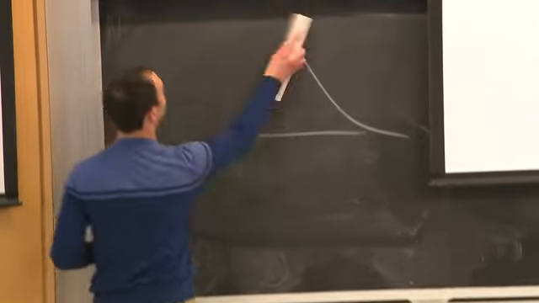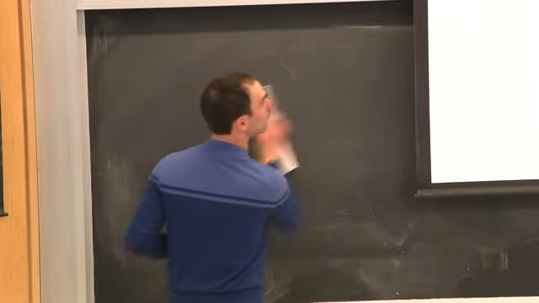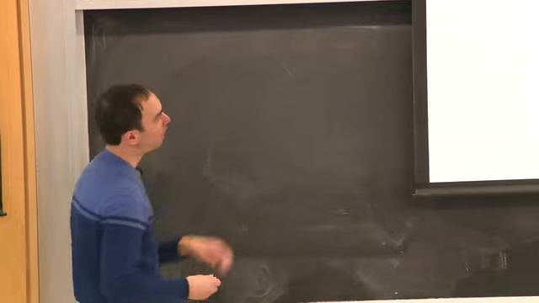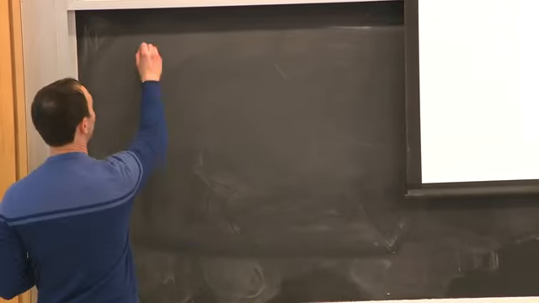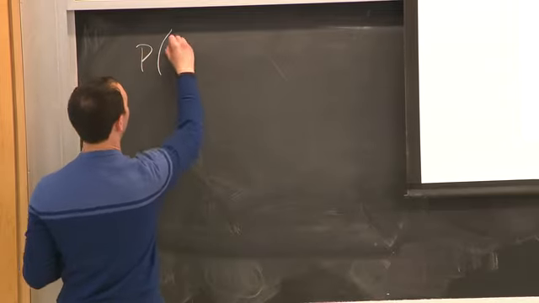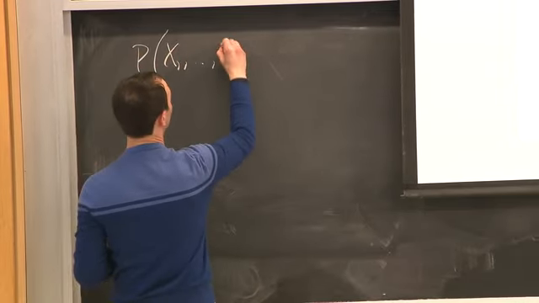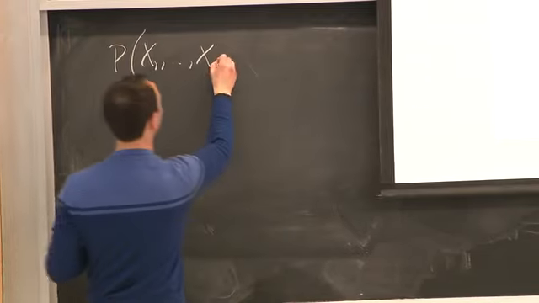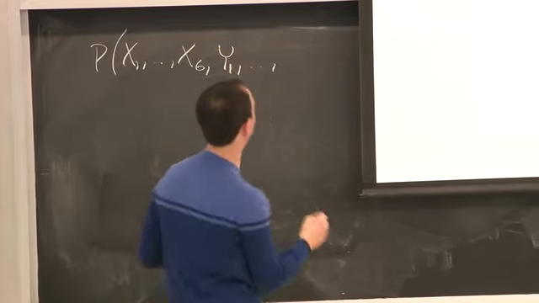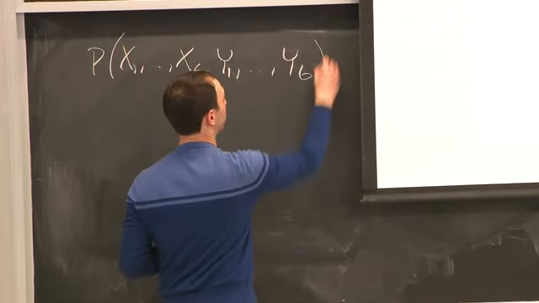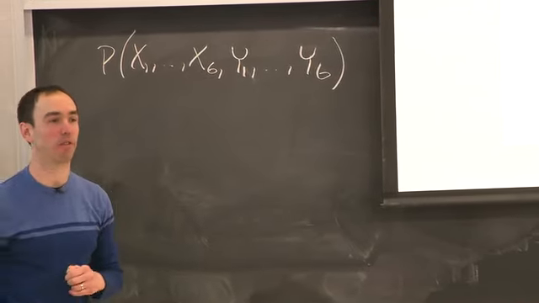Specifically, in this model, one node corresponds to one random variable. So this is describing a joint distribution on x1 through x6, y1 through y6. So it's this multivariate distribution on 12 random variables.